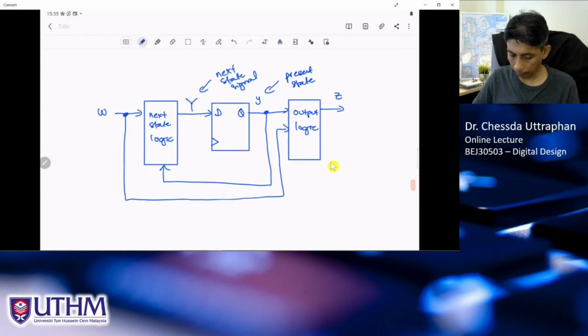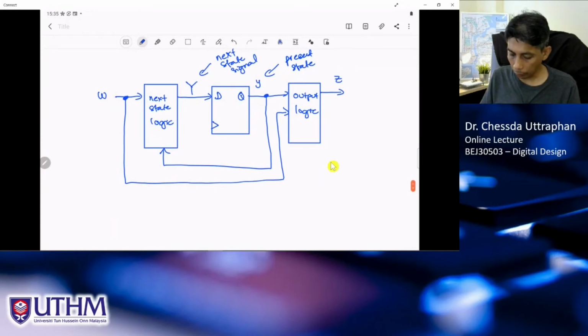All right. So now we need to determine what is the logic circuit here. The logic circuit inside this box, and also this one.